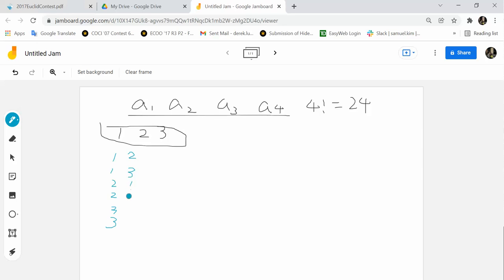This is 1 and 3. Let me change color so it's clearer. This is 1 and 2, right? The rest has no choice, because I already picked 1, 2, 3. So this is one way of doing permutation.